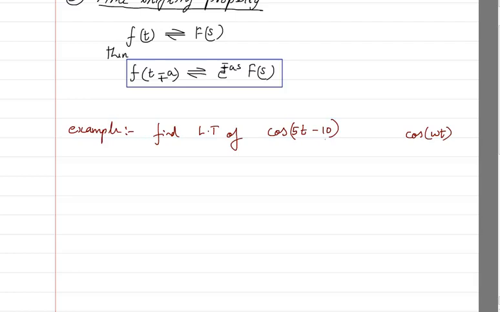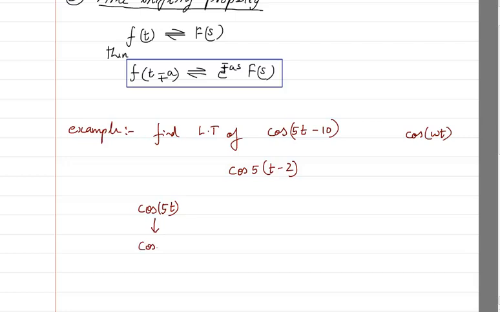So how to write this one properly? I can write this as cos, taking 5 commonly outside, so I will get t minus 2. I can imagine it like this: first there will be some cos 5t, and then I make a change in that.